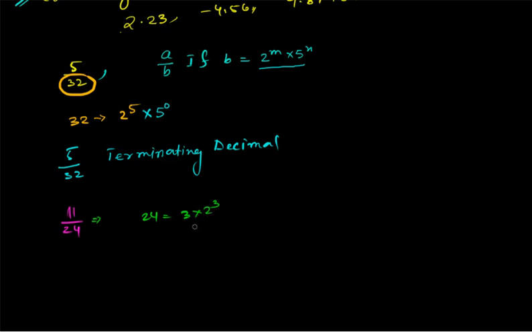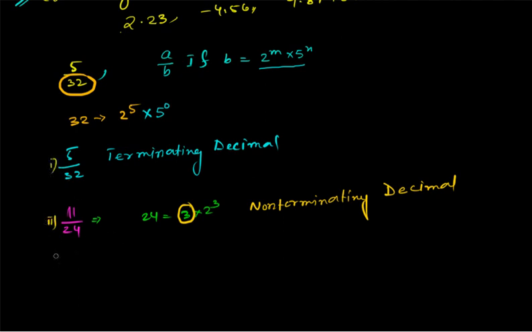So we are having a factor 3 other than 2 and 5, right? So it's a non-terminating decimal. That means if I convert it into a decimal number, the division should not end. So 11 by 24 is a non-terminating decimal number.